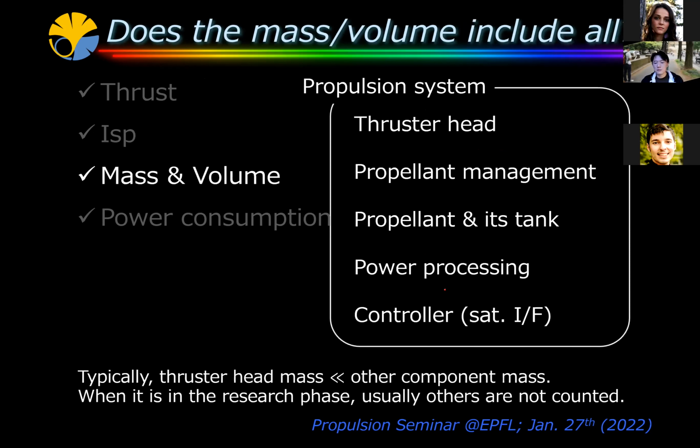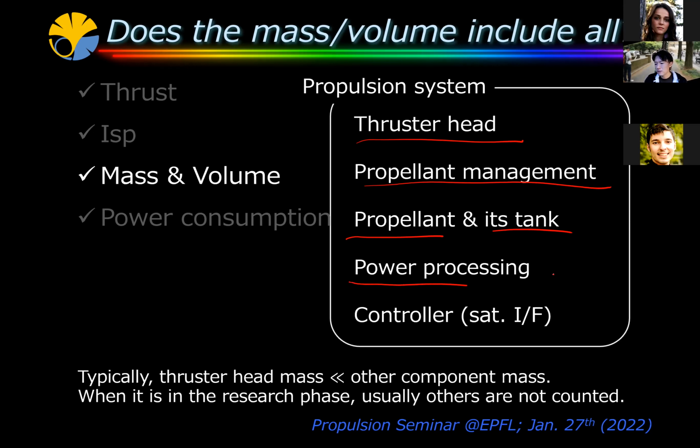And the second one is mass and volume. This is also a very basic parameter, but you have to check whether it includes all of the mass and volume of the propulsion system. Basically, a propulsion system consists of a thruster head, of course, but other than the thruster head, we need a propellant management system to control the flow rate. And of course, we need the propellant itself and its tank, and a power processing unit.